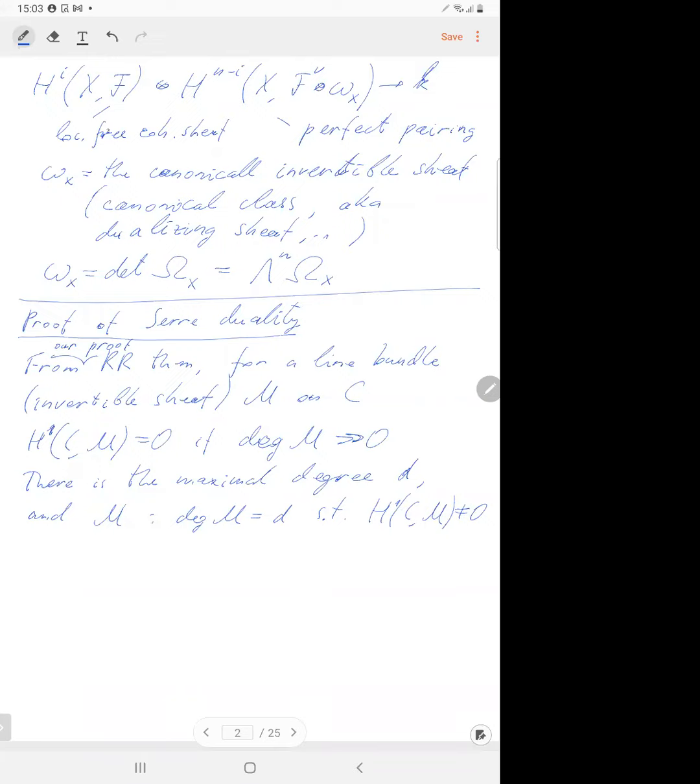And in fact, we will soon see that this degree is 2g minus 2, and this M is the sheaf of first differentials, the dualizing, the canonical class.